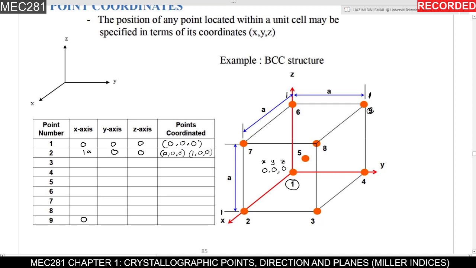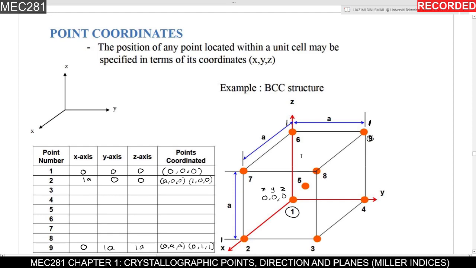For the y-axis, it is A. The z-axis is also A. So you can write down 0 A A, or 0 1 1. That's basically the point coordinates of the 3D dimensions.